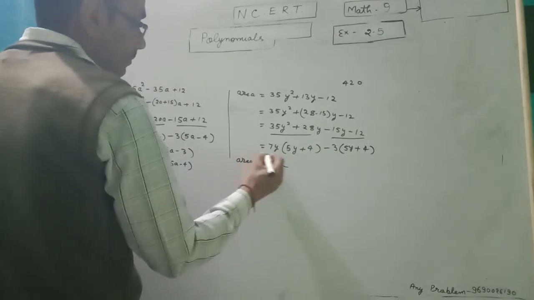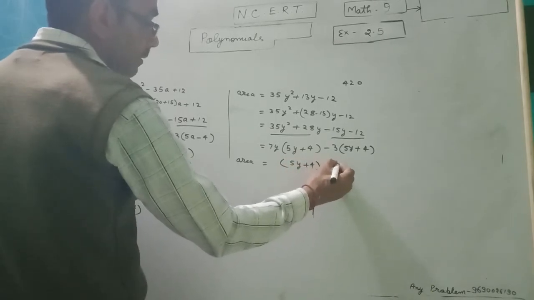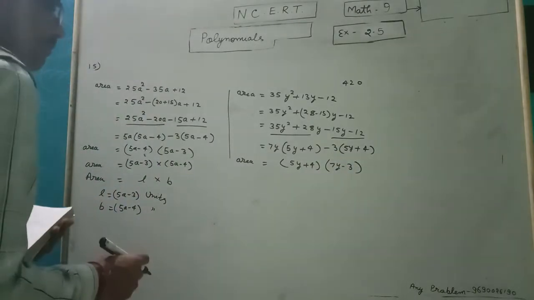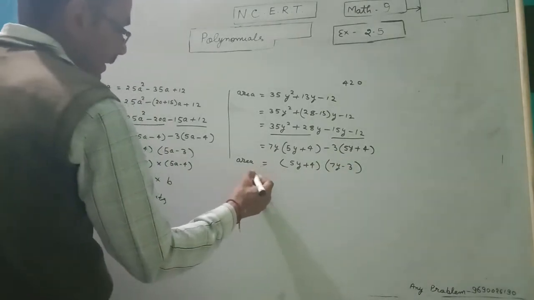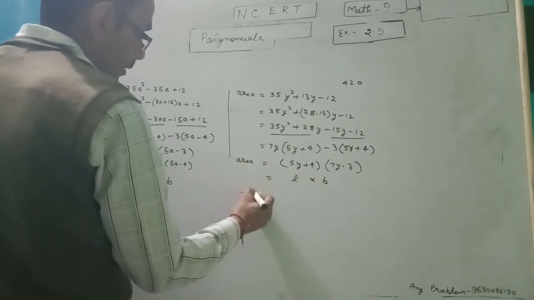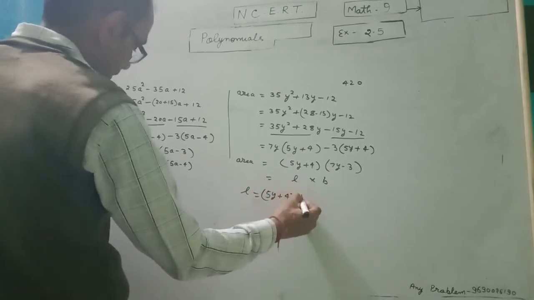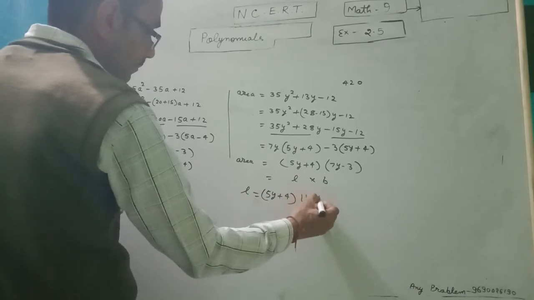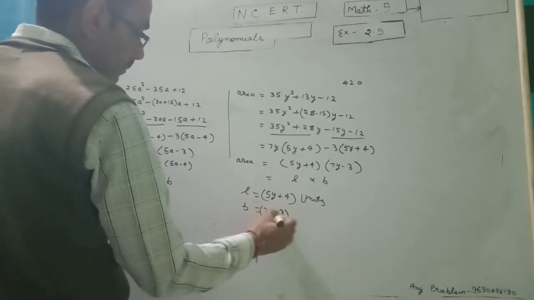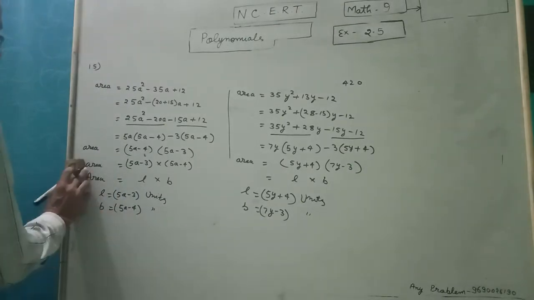That is the area: (5y + 4) and (7y - 3). Area will be L into B. L could be 5y + 4 units, B will be 7y - 3. Question 15 is complete.